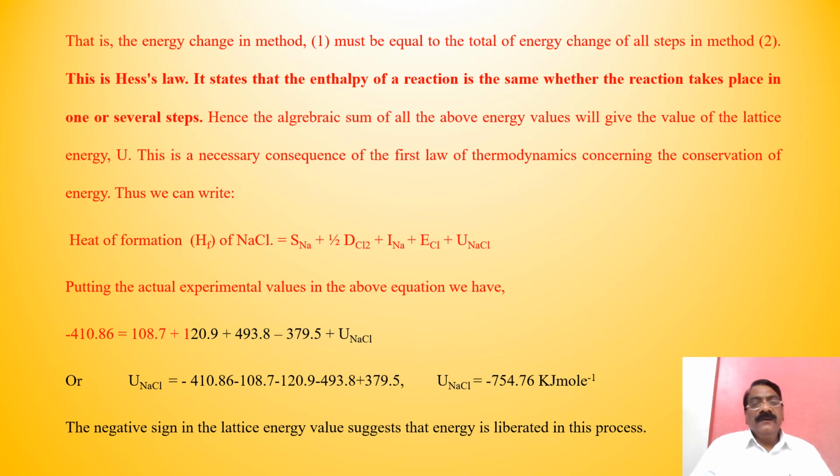Putting the actual experimental values in the above equation, we have minus 410.86 is equal to 108.7 plus 120.9 plus 493.8 minus 379.5 plus U_NaCl. By rearranging this, U_NaCl is equal to minus 410.86 minus 108.7 minus 120.9 minus 493.8 plus 379.5, and thus we get U_NaCl is equal to minus 754.76 kilojoule per mole.